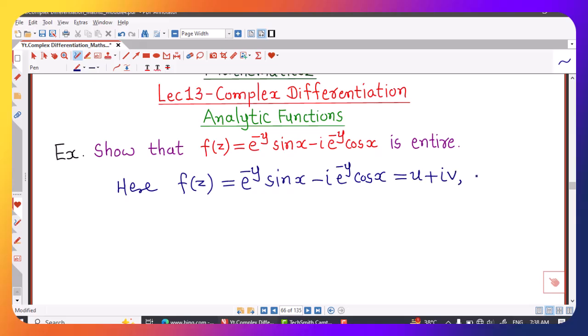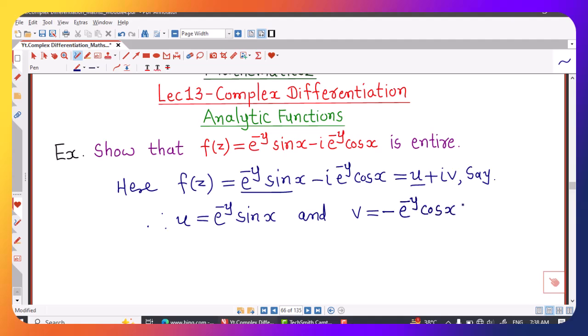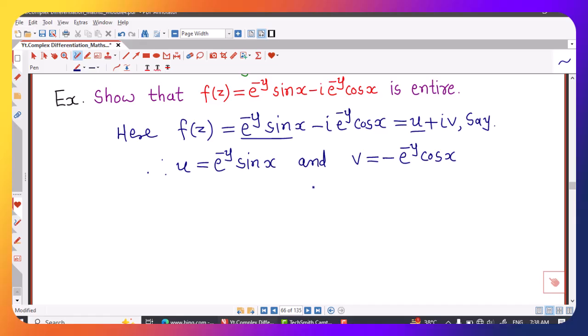Suppose this is equal to u plus iv, then if we compare, u is e raised to minus y times sin x, and v equal to minus e raised to minus y times cos x. And as we know, first we have to find the first order partial derivatives of u and v with respect to x and y.